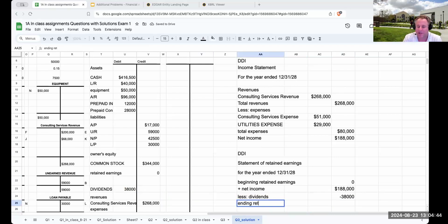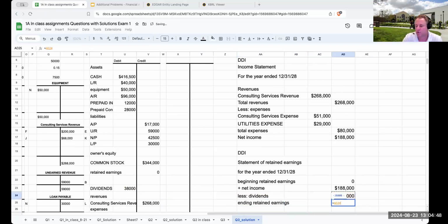So my ending retained earnings is going to be $150,000. So of the earnings we had of 188,000, we gave back to the shareholders a $38,000 dividend. And now we're at 150,000 of retained earnings.